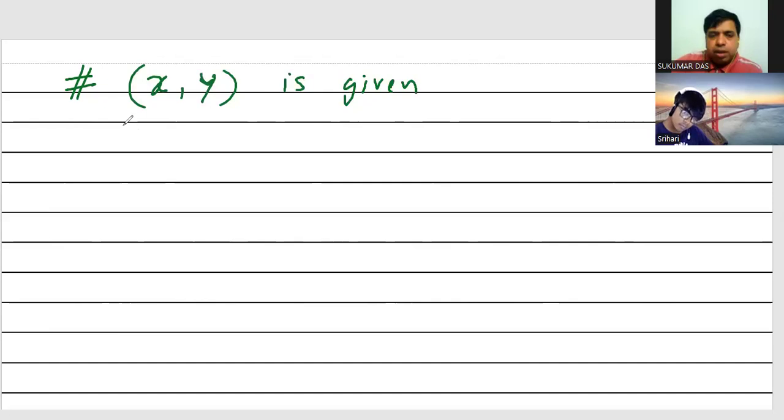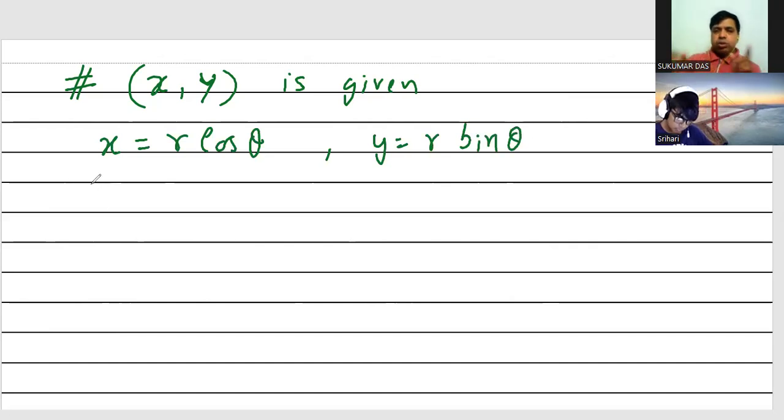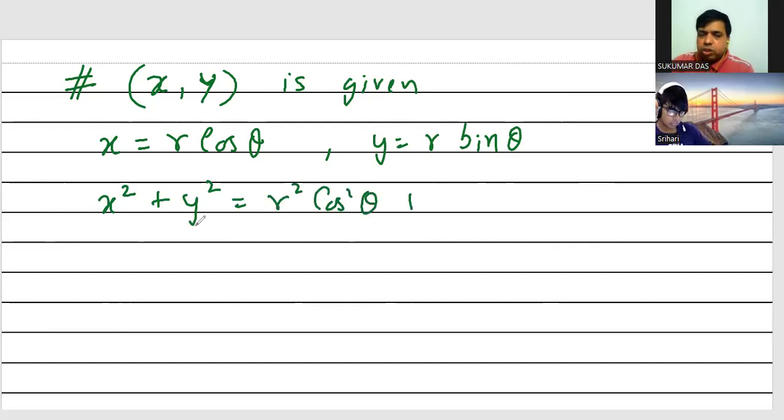Now we know that x is equal to r cos theta. Also we know that y is equal to r sin theta. If you square the two terms and add them, you will get x squared plus y squared equals r squared cos squared theta plus r squared sin squared theta.